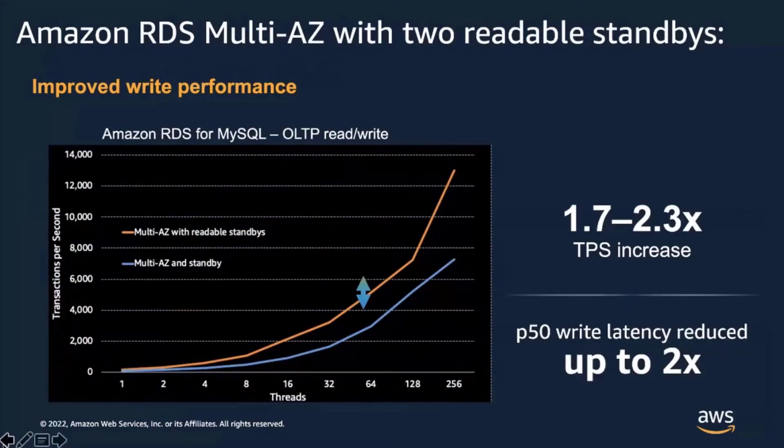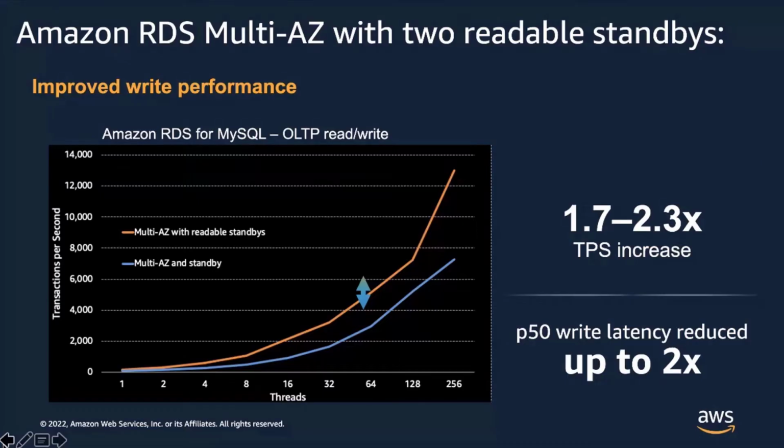This is the performance chart that shows the comparison between the Multi-AZ feature with a single standby and two readable standby instances. For this performance chart, we used the MySQL Sysbench workload, and I'm going to put a caveat out here that it is a synthetic workload, and you get out of it what you put into it.